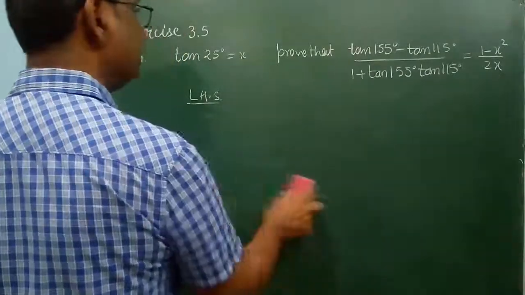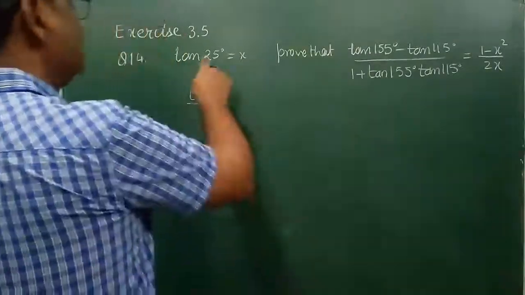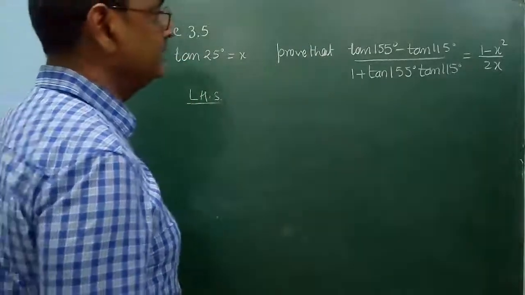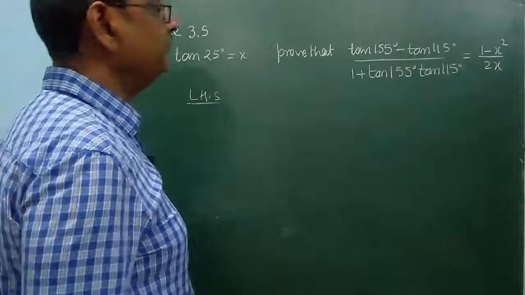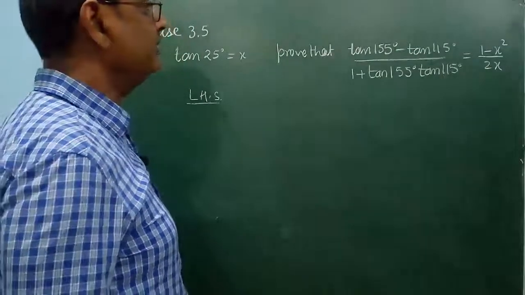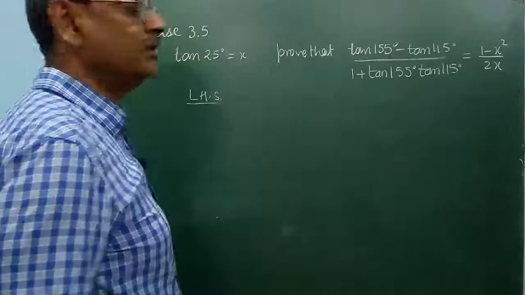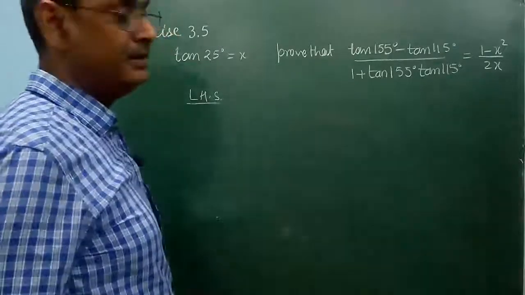Again we will be taking LHS. We are having the value of tan 25. Here we can apply tan 155 minus tan 115 and we will be getting 40 degree. That won't be helping us.